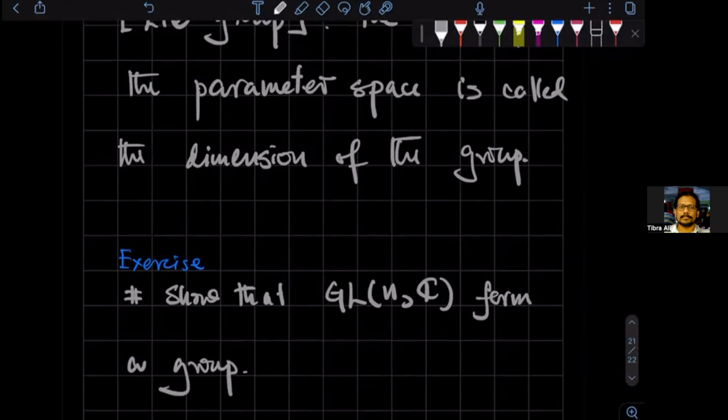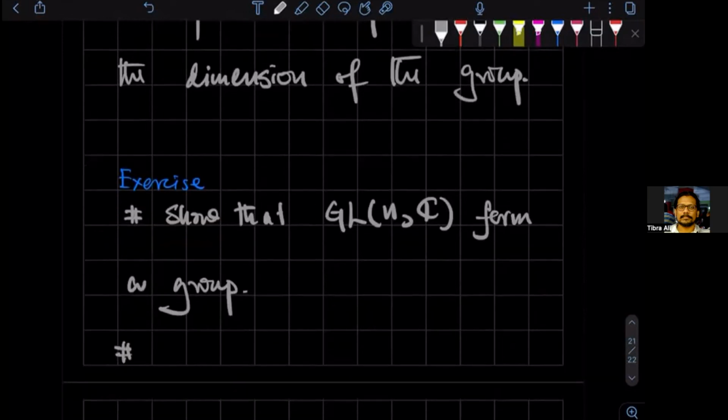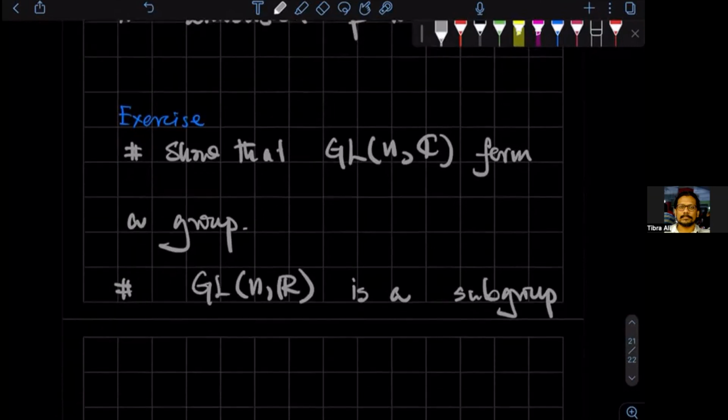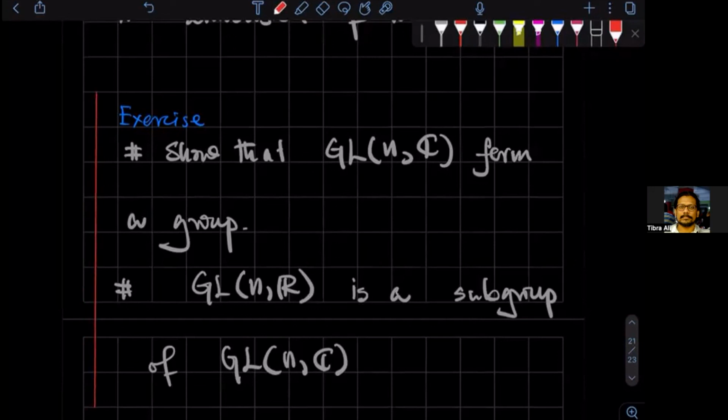And also show that GLNR is a subgroup of GLNC. As you can see, these are very easy exercises, but I'm making you do this anyway. Because from experience, I know some of you will not be able to do this, because your brain will freeze up since you haven't practiced, okay?